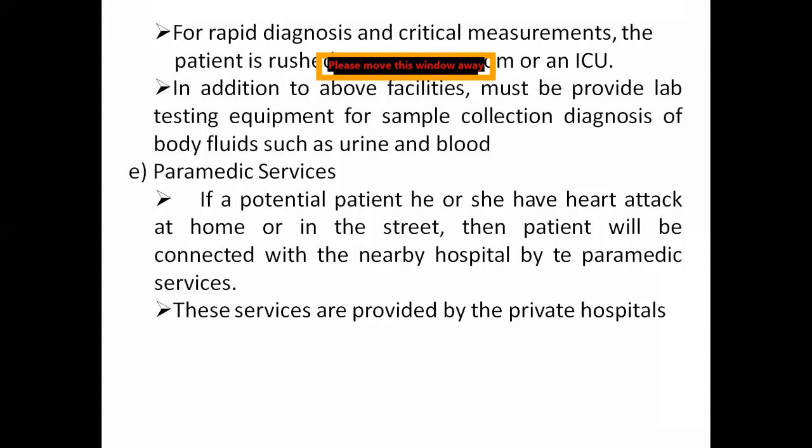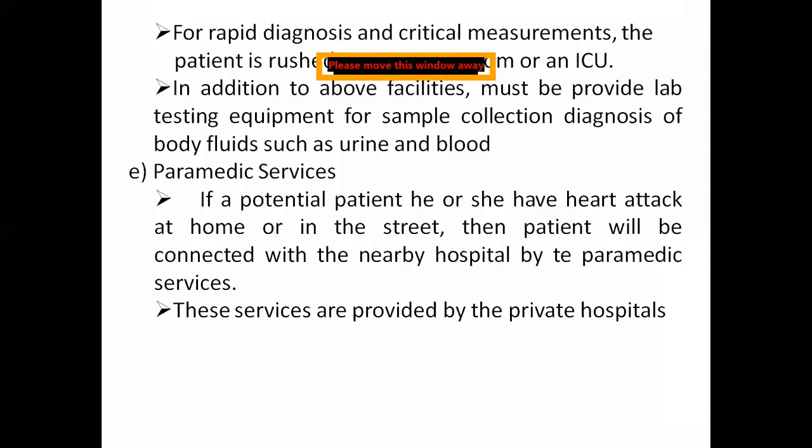If any uneven signals are generated, suppose sudden blockage or sudden variations occur in the heart rate or heartbeat, that information is transmitted through the transmitter, which is placed near the heart, to the nearby hospital. Immediately that patient is saved. If there is any problem, they will take care.